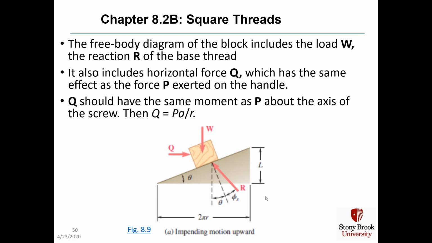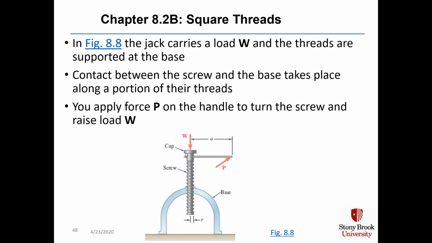The free body diagram of the block includes the load W and the reaction R, which is the base of the thread, so there's R, and includes our horizontal force Q, which has the same effect as this force P, which we were exerting on the handle.